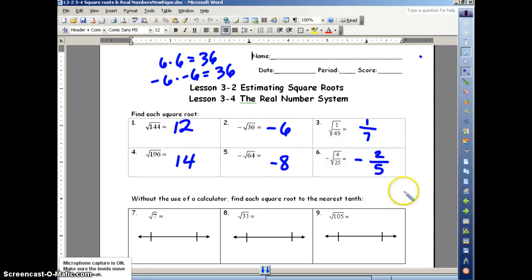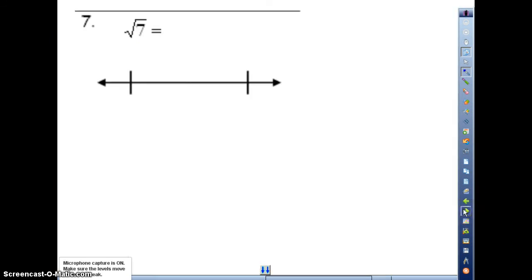Okay? All right, now, without using a calculator, find each square root to the nearest tenth. And we have done this on our pre-algebra builders, so this should not be something new to you. I want to know approximately what the square root of 7 is approximately equal to, rounded to the tenths place.